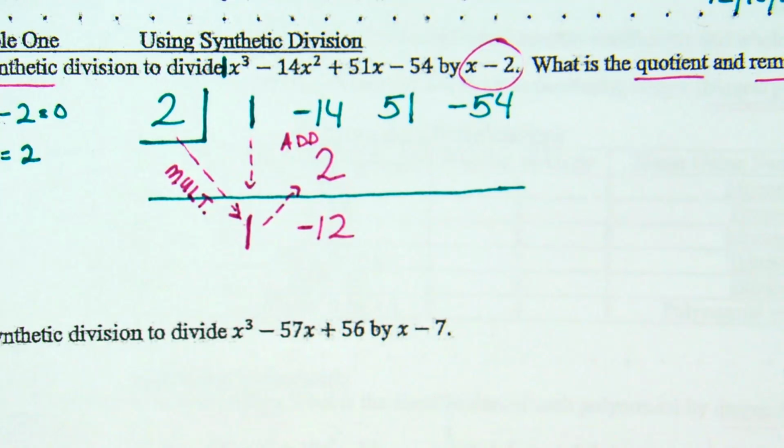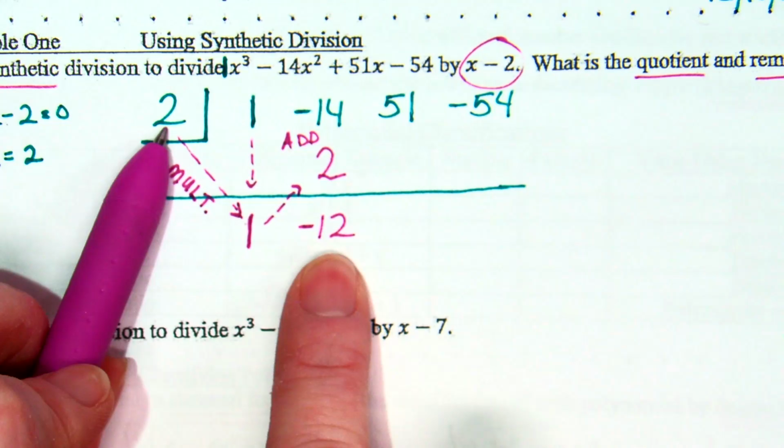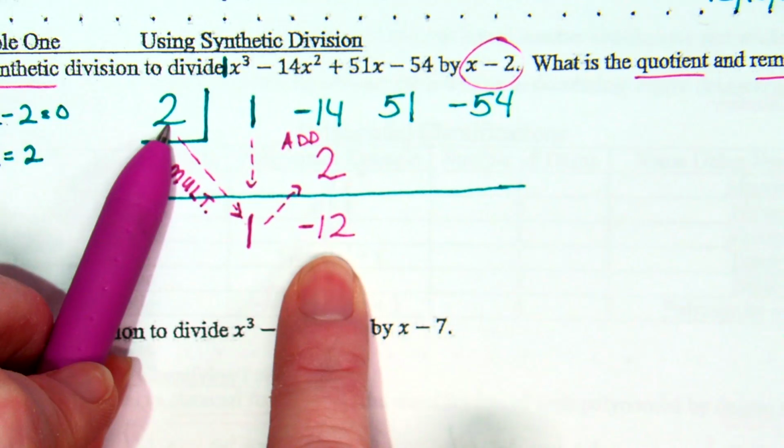Now we're ready to go into a repeat process. We're going to multiply. We go back and always use the number in the box and your most recent number on the bottom. So 2 times negative 12. 2 times negative 12 is negative 24. That's going to bounce back and go under the 51.